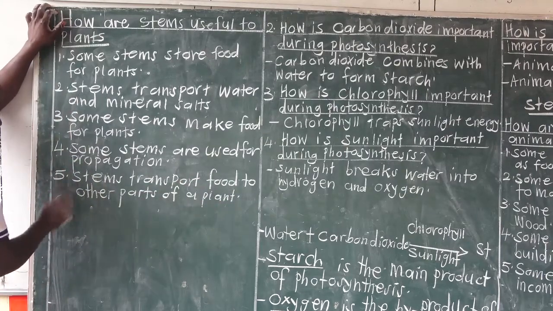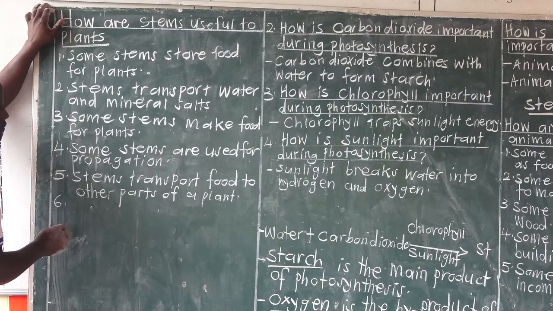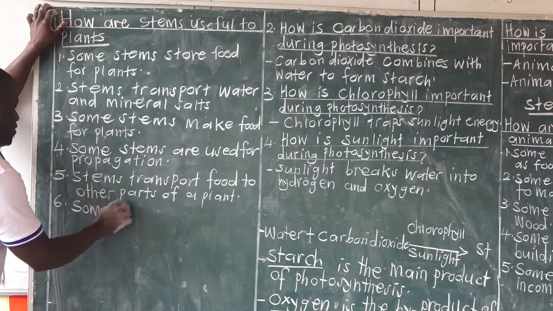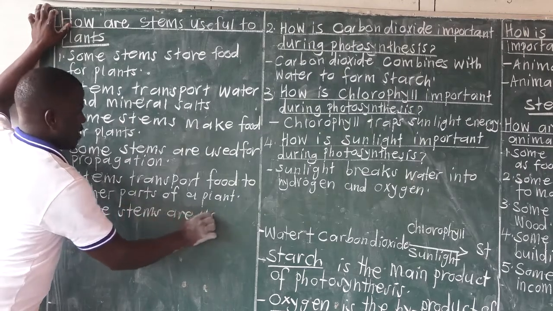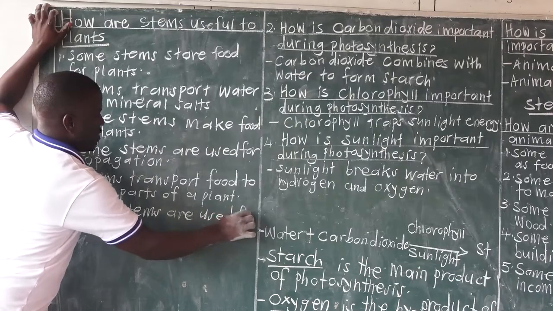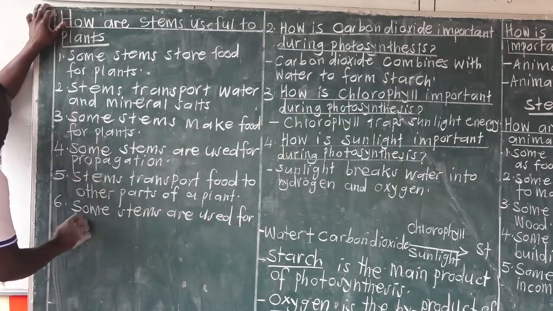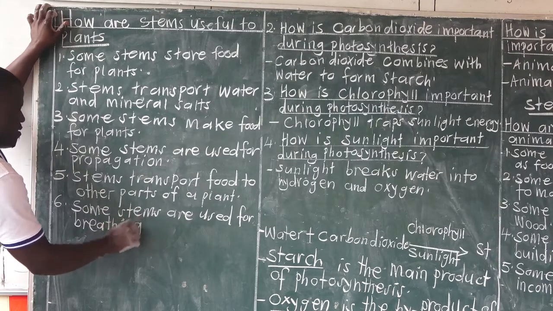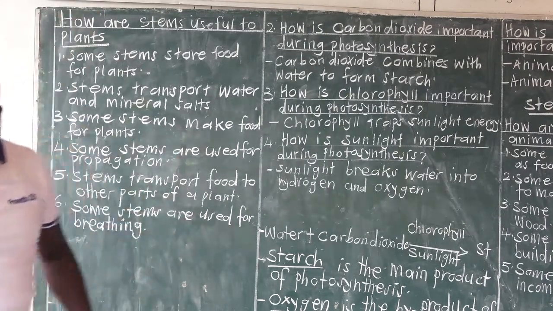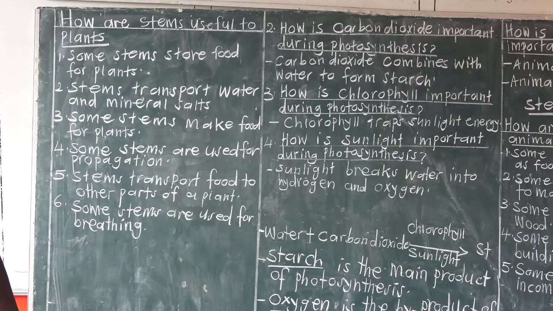Then lastly, we can say some stems are used for breathing. That's how stems are important to plants.